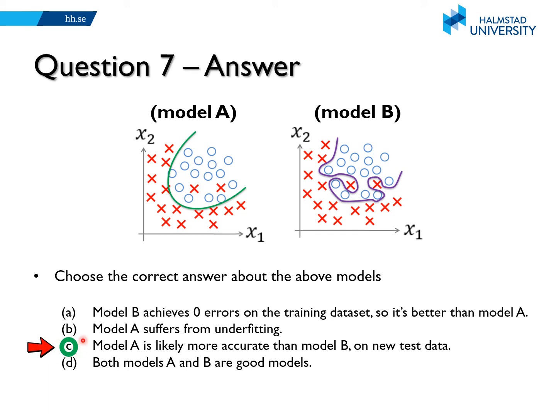The correct answer is C. So model A is likely more accurate than model B on new test data. Because if you look at model B, it correctly classifies all the training examples. So it achieves zero error basically, but it only works on this training data. So this is a case of overfitting. And model A will probably generalize better to new unseen data.